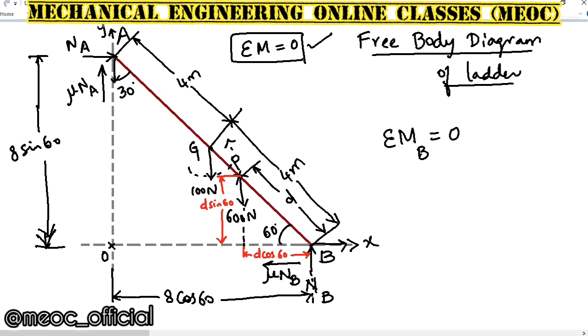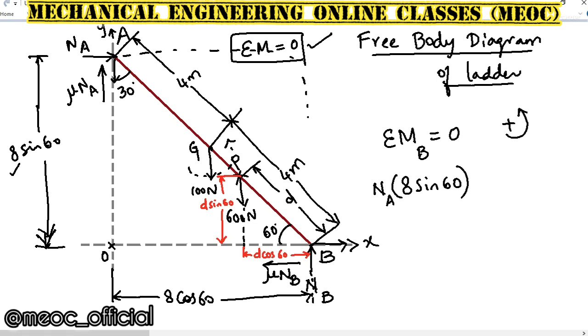Na is having a moment which is clockwise in direction with respect to B. So the moment of Na about B will be Na multiplied by the perpendicular distance between Na and point B. The perpendicular distance is 8 sin 60. Alright, so my convention is by RHT all anti-clockwise moments are positive.